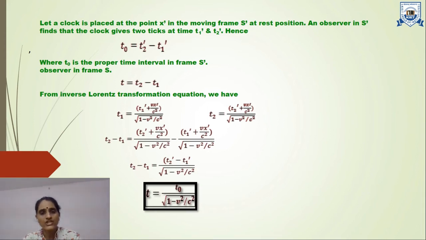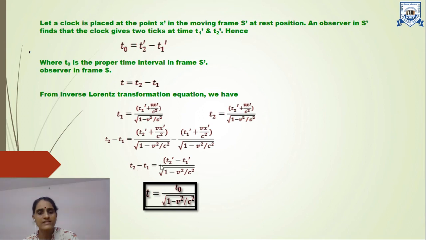In both equations, the position x dash is fixed because the event is happening at the same position. So if we take the difference of both equations, that is t2 minus t1, we get the same parameter v x dash by c square, and plus and minus v x dash by c square cancel out.